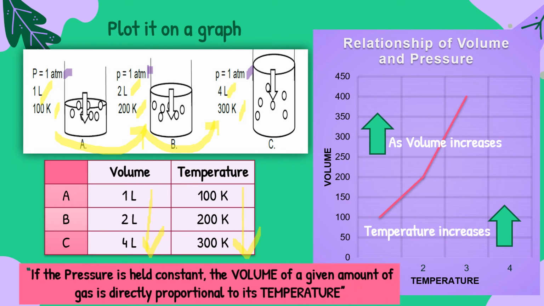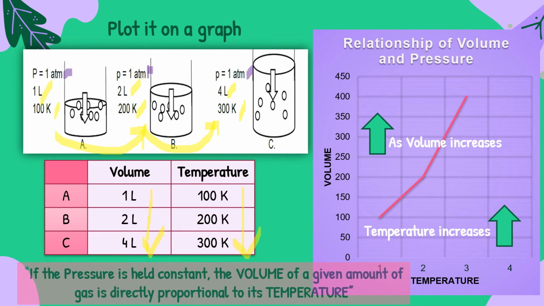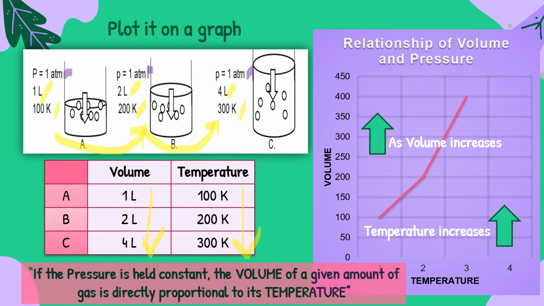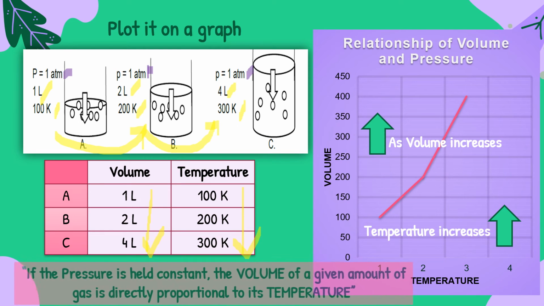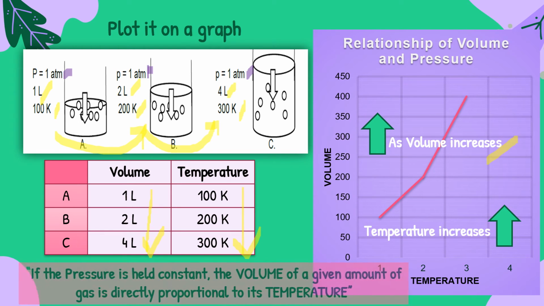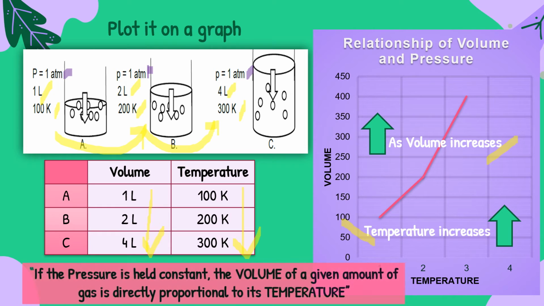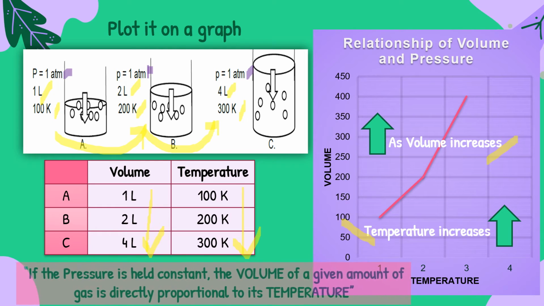So Charles' law states that if the pressure is held constant, the volume of a given amount of gas is directly proportional to its temperature, meaning to say, as the volume increases, the temperature will also increase.